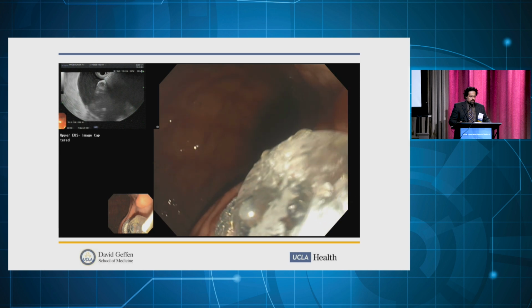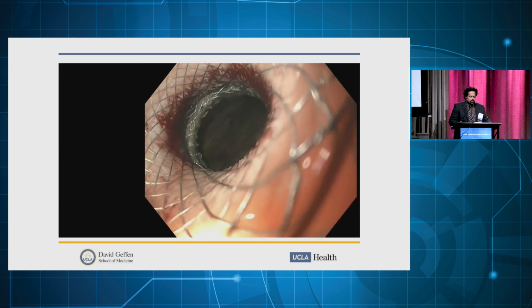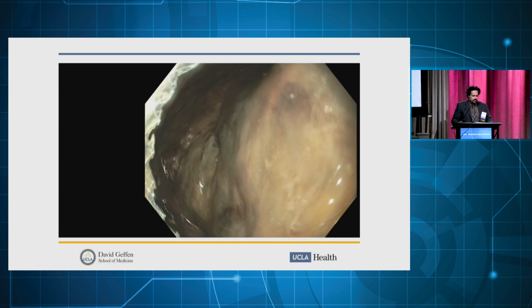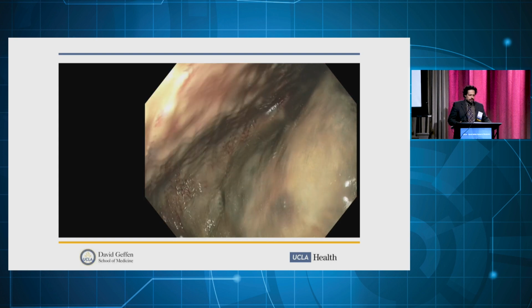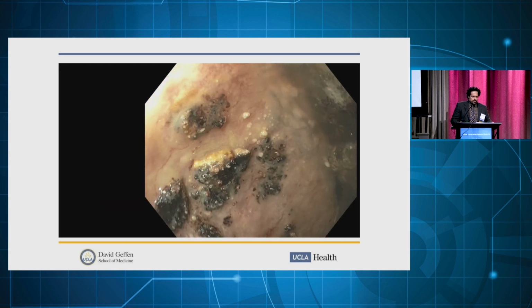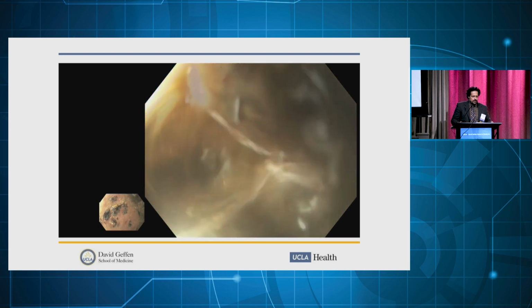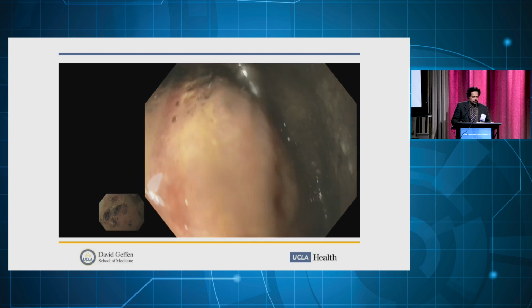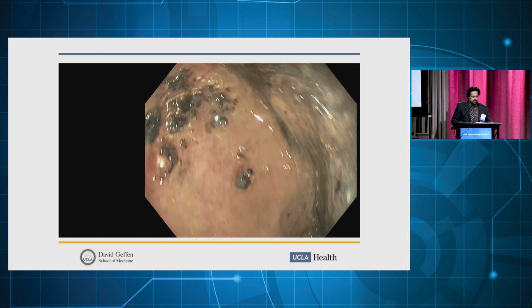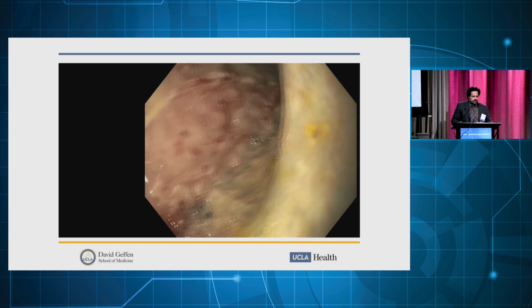This one happens to be a fluid collection that has more fluid than necrosis. It's probably accurately termed a pseudocyst, although there is some necrosum there. Many of these, even when they're called pseudocysts, often have more necrosis than the CT suggests. And so you see the nice, mature cavity that we're looking into.